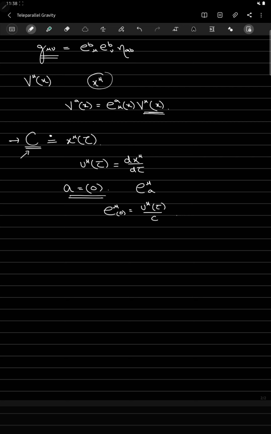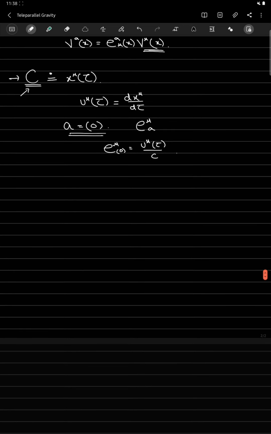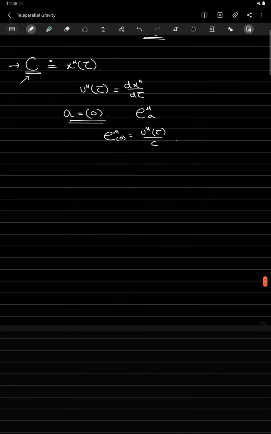Okay, so now we have defined the velocity. What is next is that you can define the acceleration, a mu of your observer, and it is specified by the absolute derivative of your velocity along C, which is the world line of the observer. If you take the absolute derivative, you get du mu over d tau, with respect to time.